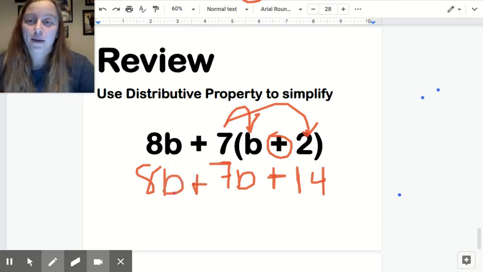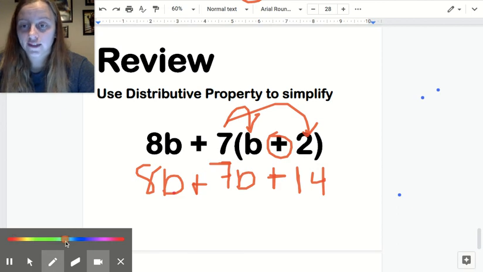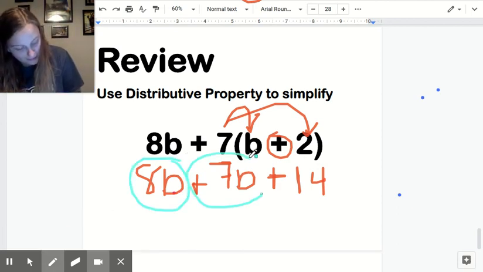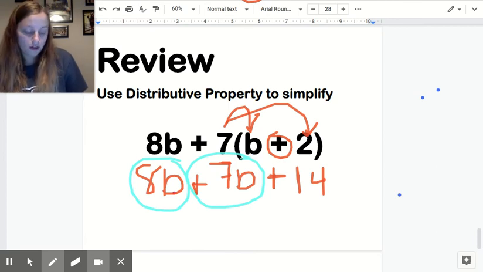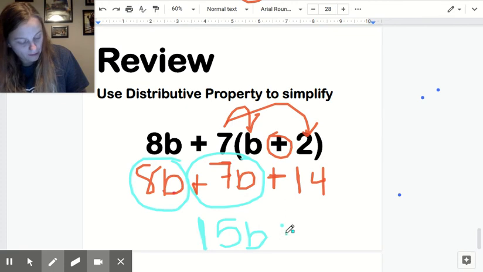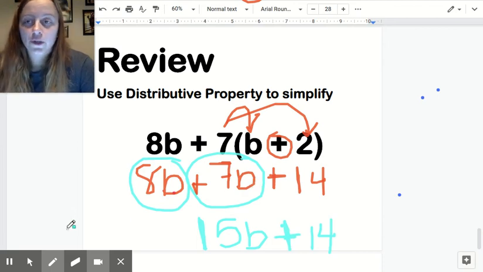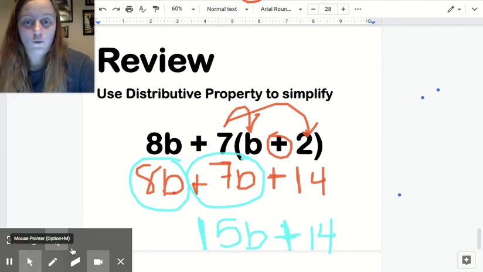Now I can combine like terms. I still have more things to combine. So my 8b plus my 7b can really create 15b plus 14. I can't combine the 15b and the 14 because one has a b on it and one does not.